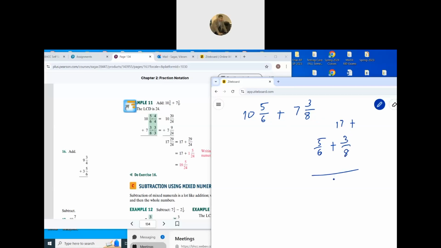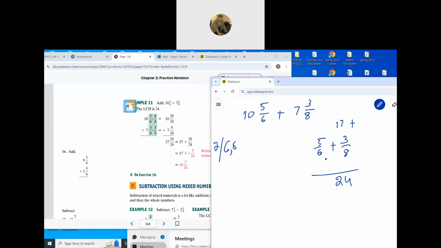What's my LCD? 24, right? Okay, because if you do it here, it's gonna be 24 by 2, 2, 2. So let's say 24 here. So 24 divided by 6, which is what? 4.